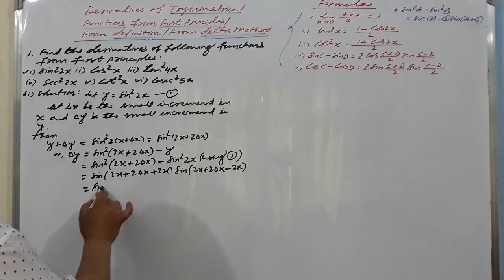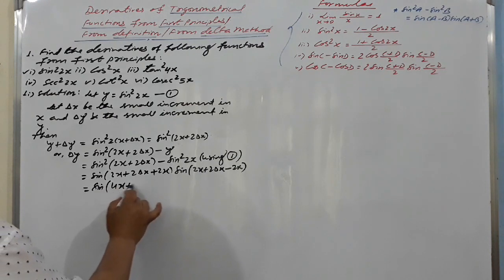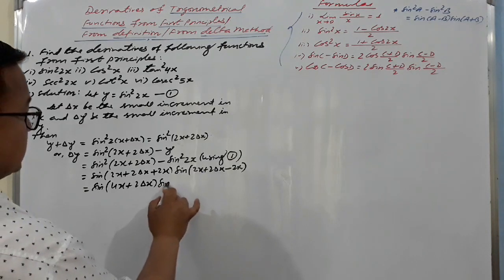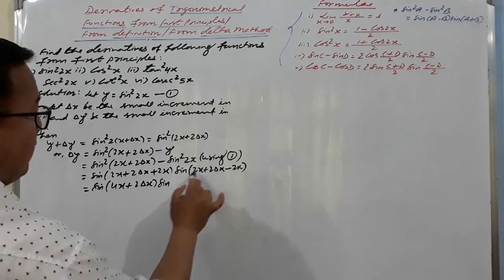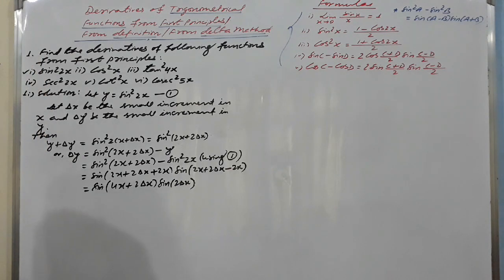After simplifying this line, you get sine of 4x plus 2 delta x times sine of 2 delta x. This is the value of delta y.